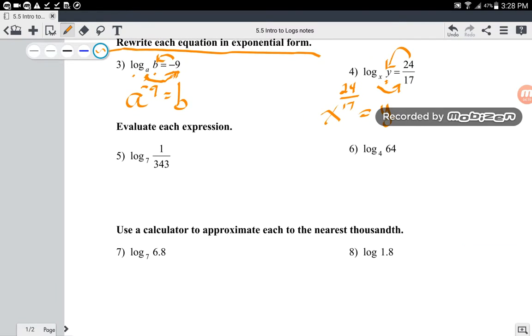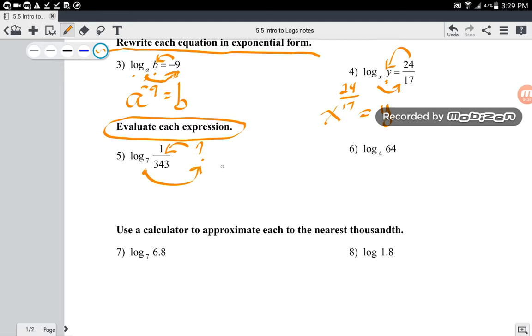And what a logarithm means, if I'm looking at these number 5 and 6, it means 7 to what power is going to give me 1 over 343. This evaluates down to some number. 7 to some power equals 1 over 343.